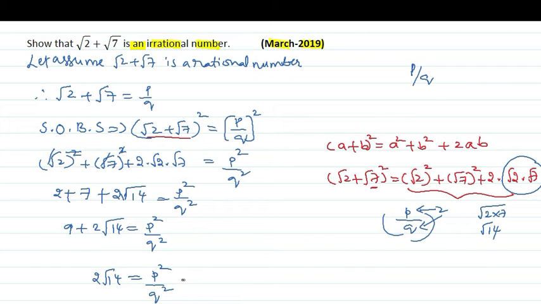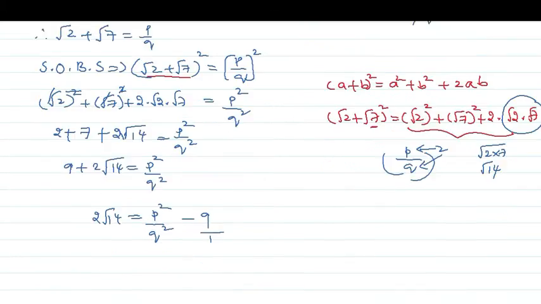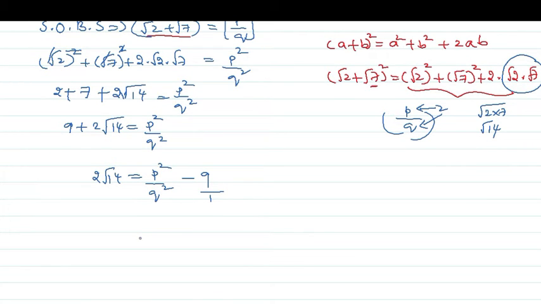Now transpose this 9 to the right side, so 9 becomes negative 9. Now take the denominator 1 and do the LCM. The LCM is q square, so multiply with 1 and multiply with 1. That is p square minus 1 into q square, so 9 into q square gives 9q square.